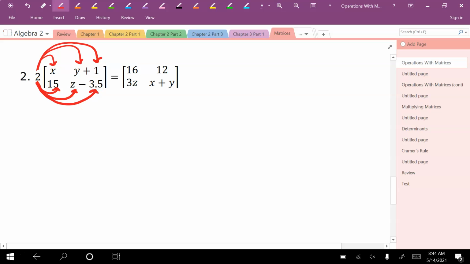Make sure that you distribute to both of those terms. So it's almost like I'm having to take 2 times 3 separate times on the top and on the bottom. So now it's going to say 2x and then 2y plus 2 on the top of that new matrix. What's the bottom going to say?